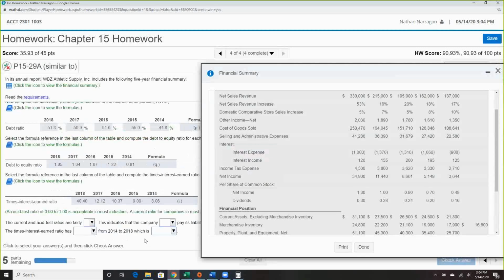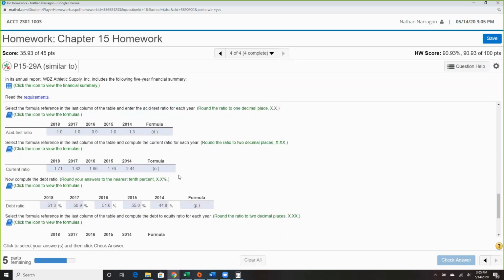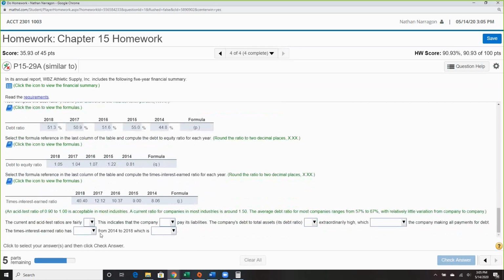Alright, now let's go ahead and answer the question. Alright, so the current and acid test ratios are fairly, so 1.1 is acceptable.